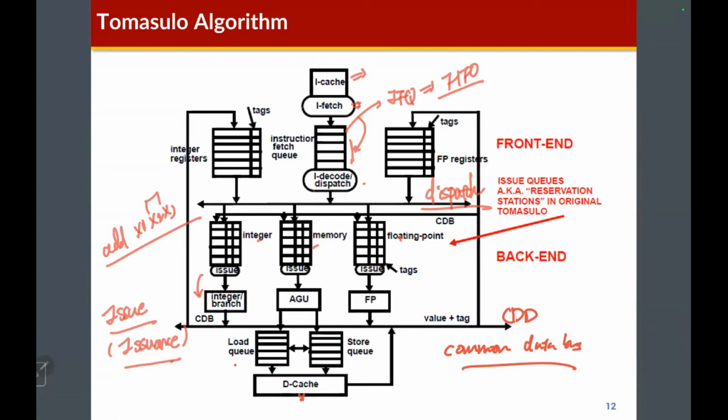You can say that this is an early out-of-order processor architecture. It was developed from the static pipeline architecture. We just include some queues here and separate some instruction execution paths, and it is very similar to the static pipeline architecture.